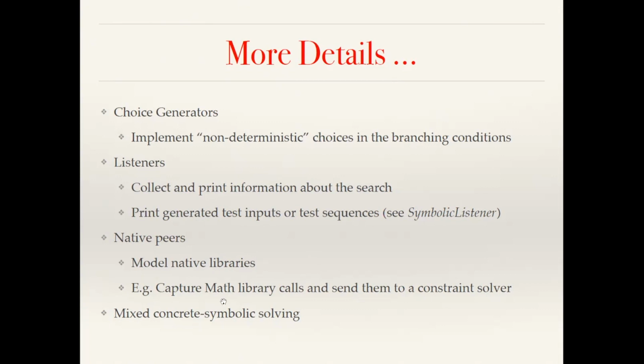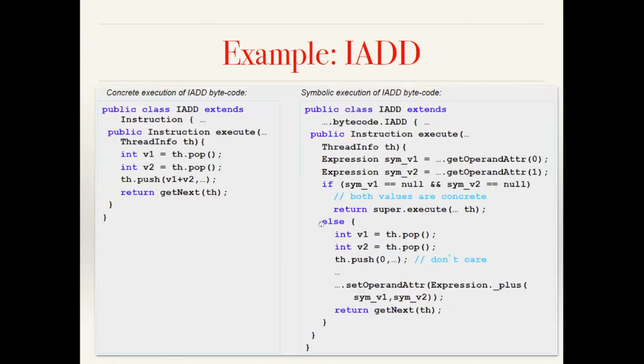For example, as I already mentioned, we captured the math library calls and send them to constraint solvers. And there are many other different modes to execute the tool, and I'll get back to it a bit later. So just to give you a high level idea about how this analysis is implemented.